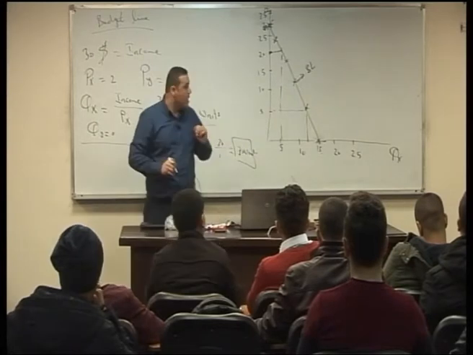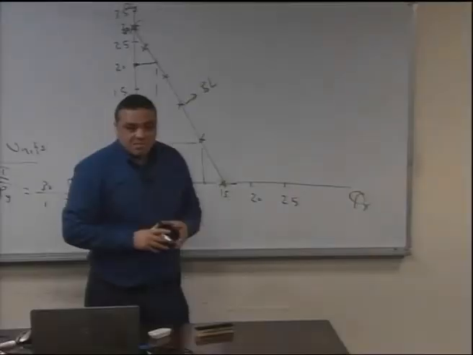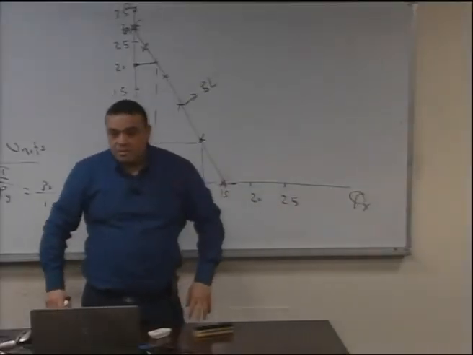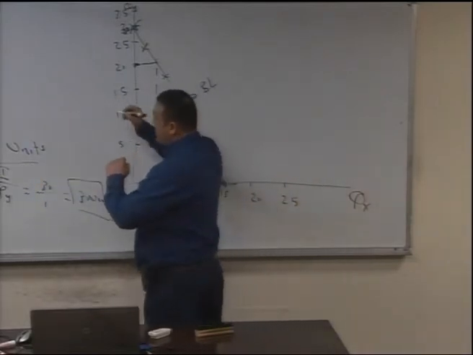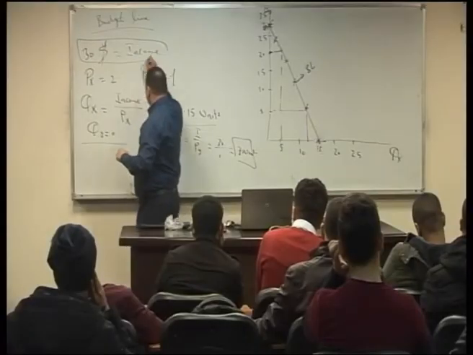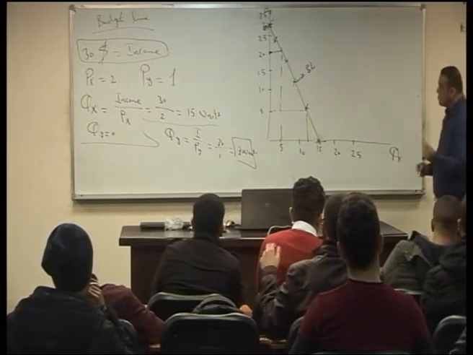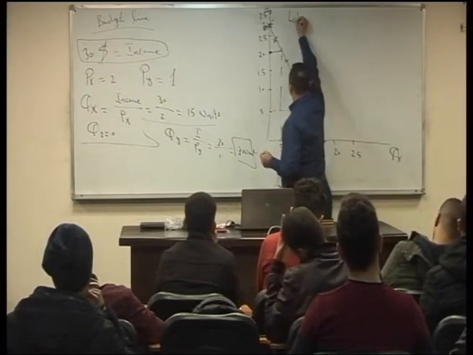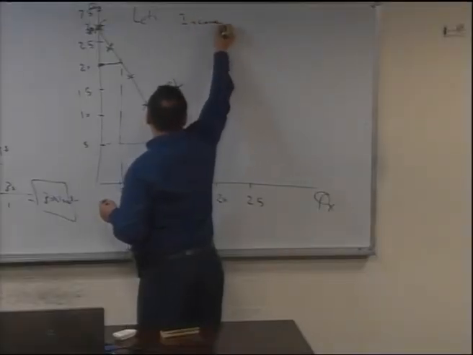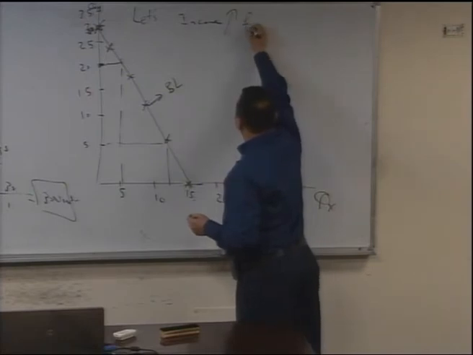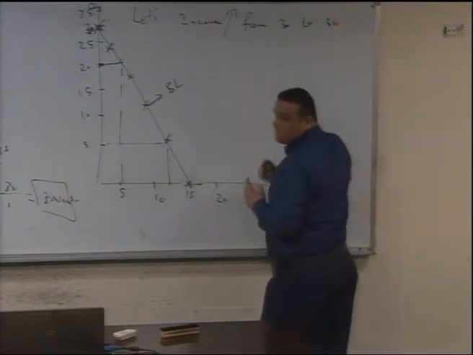Okay? What will happen if the consumer's income increases? His ability to buy will increase. Let us assume that the consumer's income, which was $30, increases from $30 to $36.